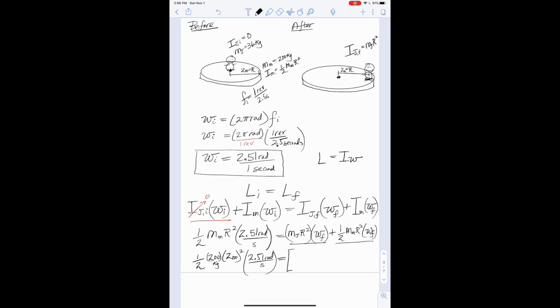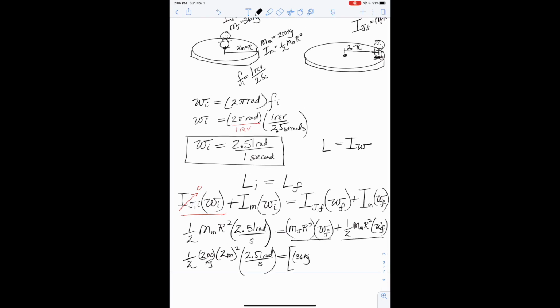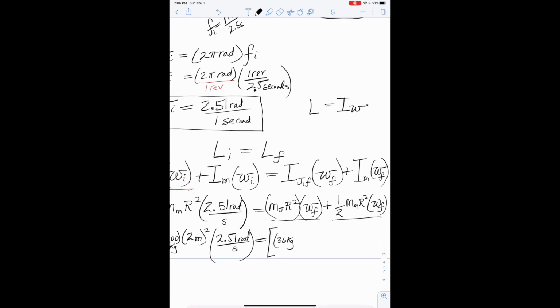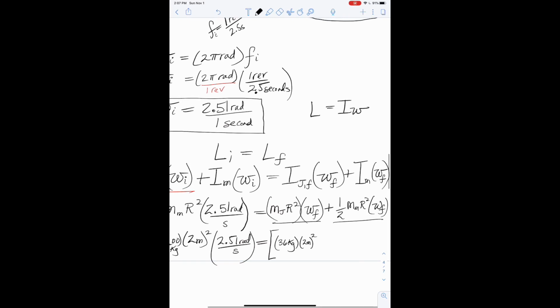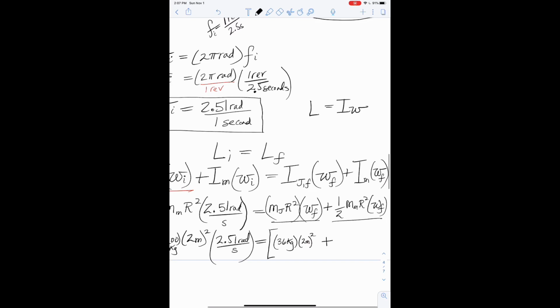So we have mass of Joey, which is 36, I believe, times the radius, which is 2 meters squared, times omega f, which I'm going to hold off on writing because I'm just going to move it to the outside, right?